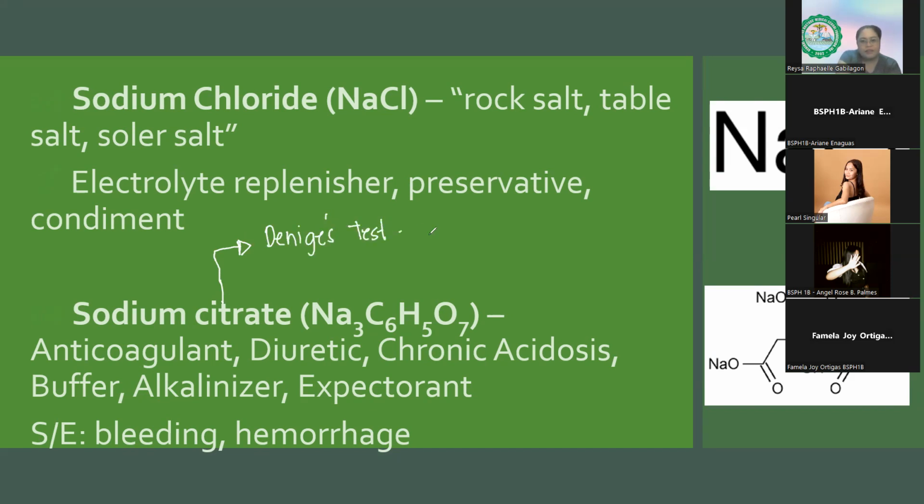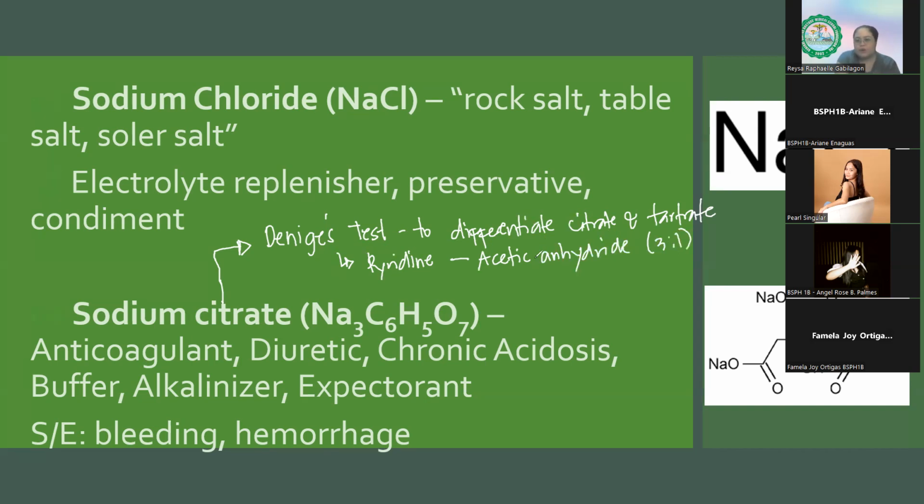This is a test to differentiate citrate and tartrate. So, yung solution na ginagamit neto is composed of pyridine and acetic anhydride, in 3:1 ratio. So 3 parts of pyridine to be mixed with 1 part of acetic anhydride.